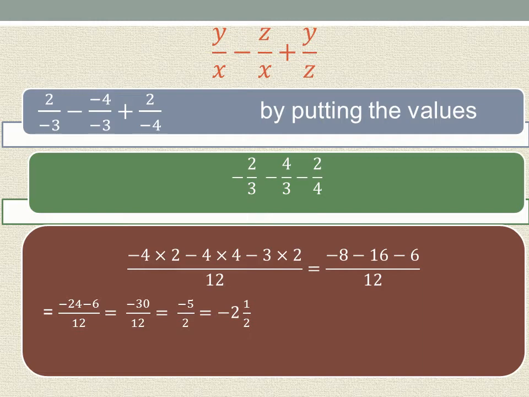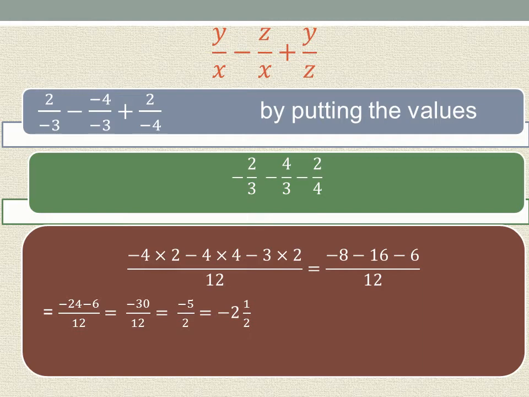Now the second fraction, denominator is 3. So 3 4s are 12. 4 into 4 is 16. -16. Now 4 3s are 12. 3 into 2, minus 3 into 2 is -6.